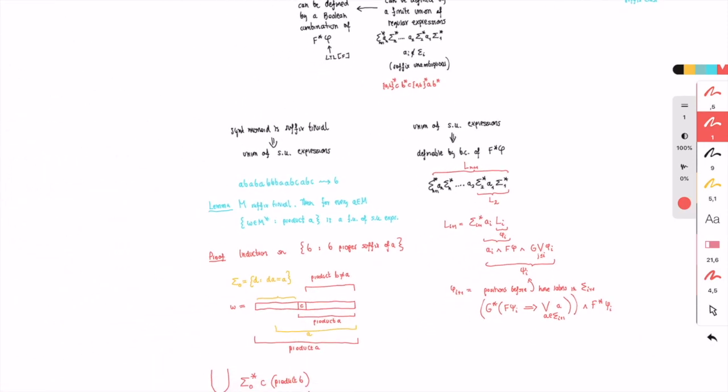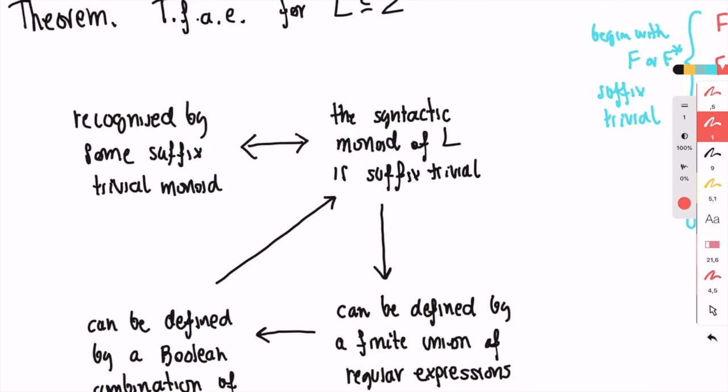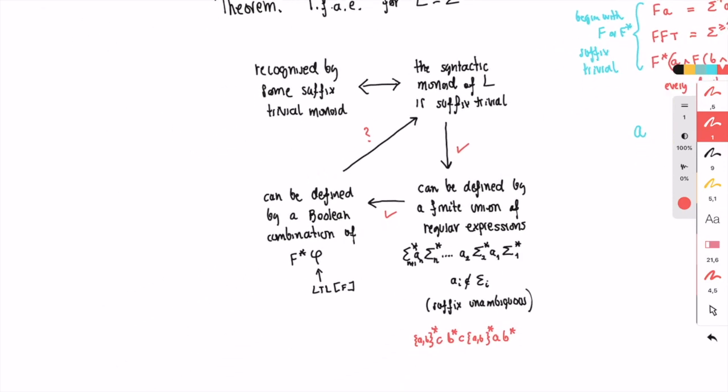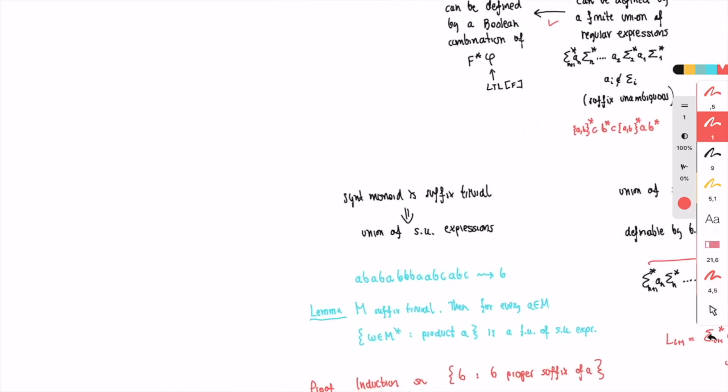Okay. So now the last thing we need to show is, so we've done this, we've done this, and now we're going to do this. This is actually kind of very simple. So let's maybe prove it here.